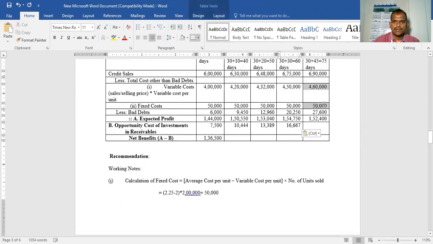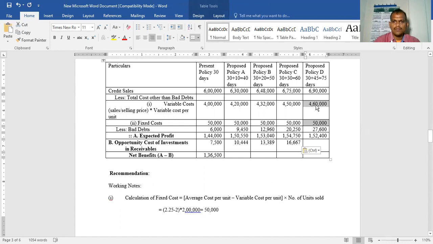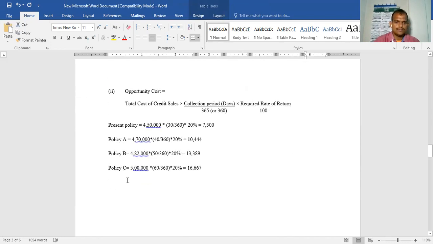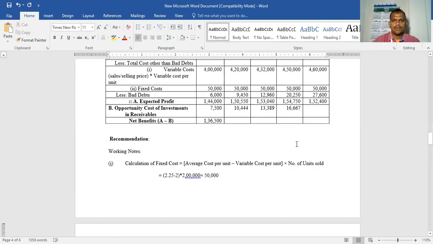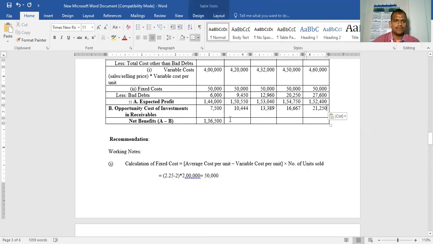And for policy D, 5,10,000 into 75 days by 360 into 20%, which is 21,250.